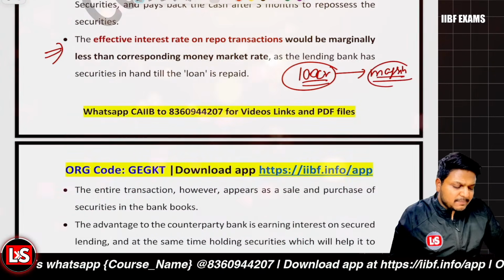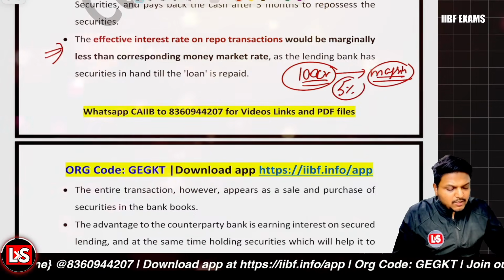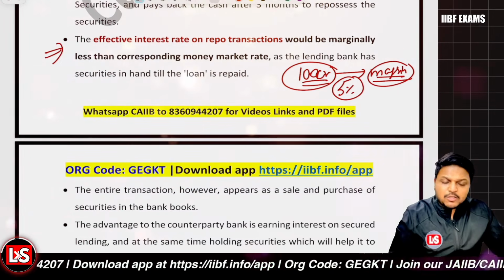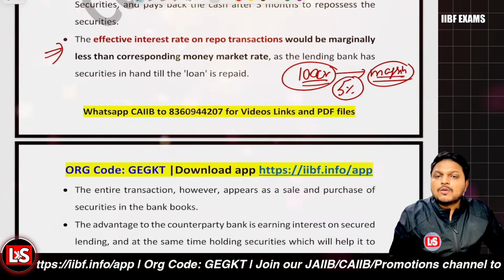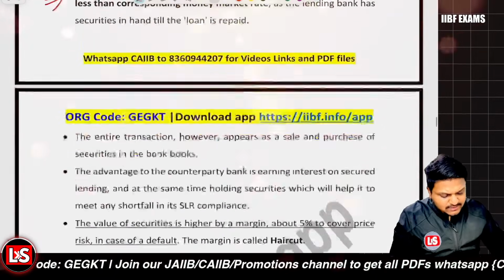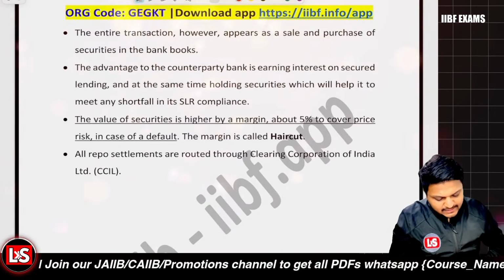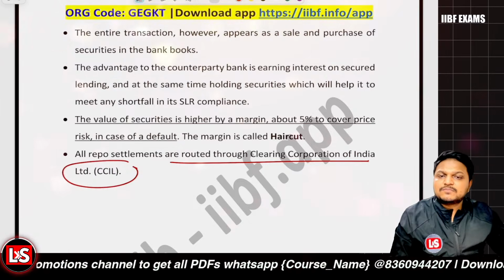Let's say the margin is 5%. Now for 100 crore rupees of securities, you'll be issued 95 crore rupees of loan amount. And the settlement for this repo transaction is done through the CCIL, that is, the Clearing Corporation of India Limited. Clear with it?